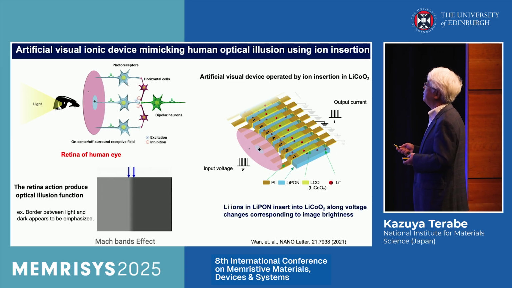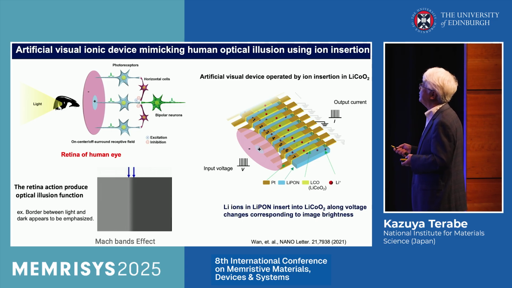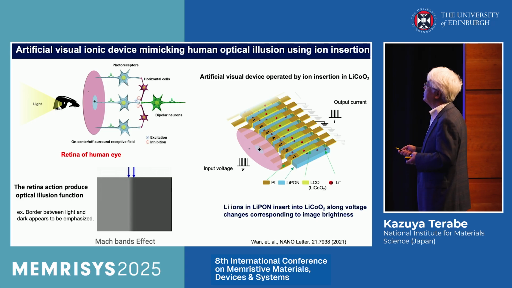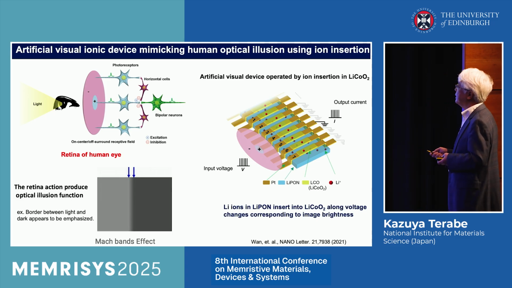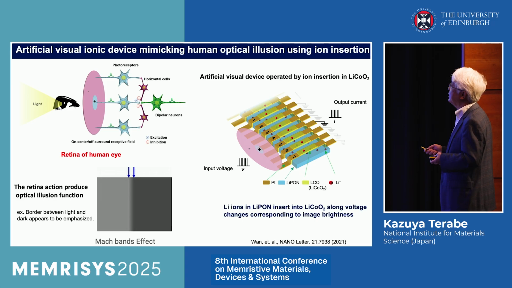And the next layer, the bipolar neuron, receives the electric signal directly or indirectly through the horizontal cell like this. So such a human eye structure generates the optical illusion function.